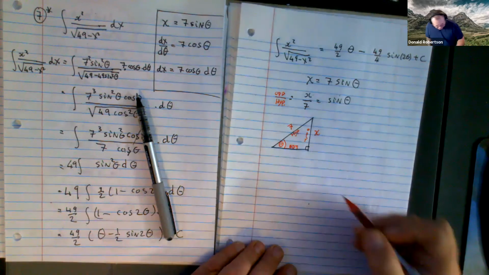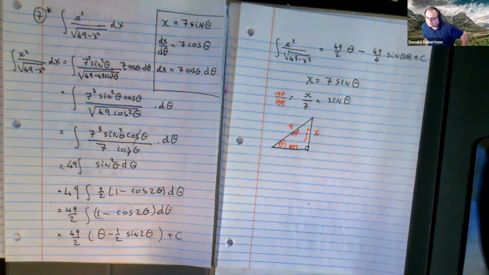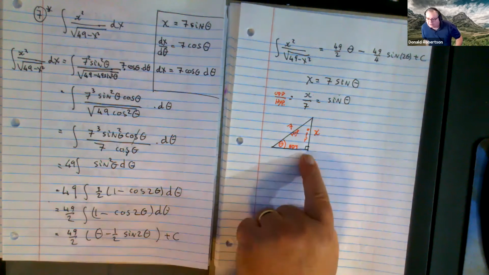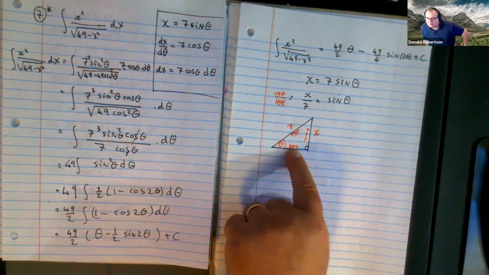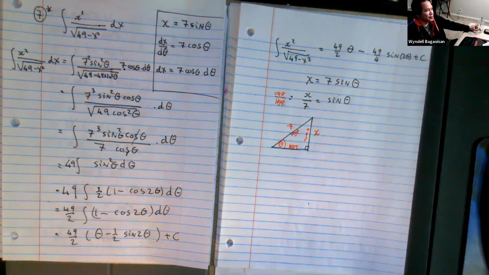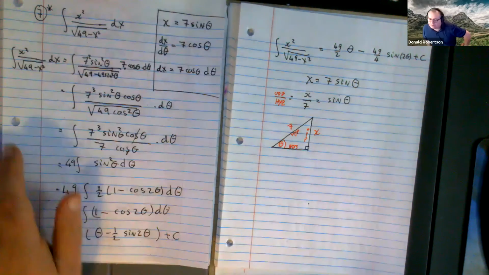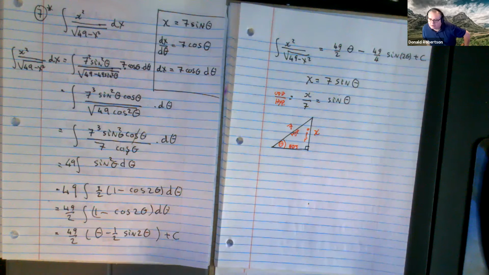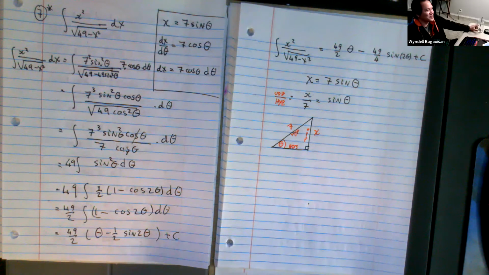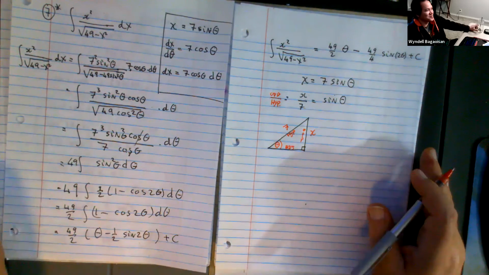And how do I find the adjacent? How do I find this guy? Use cosine. Well, if I had one, I would certainly use it, but since I don't, I won't be able to do that. Oh, I mean, you get the adjacent over the hypotenuse.